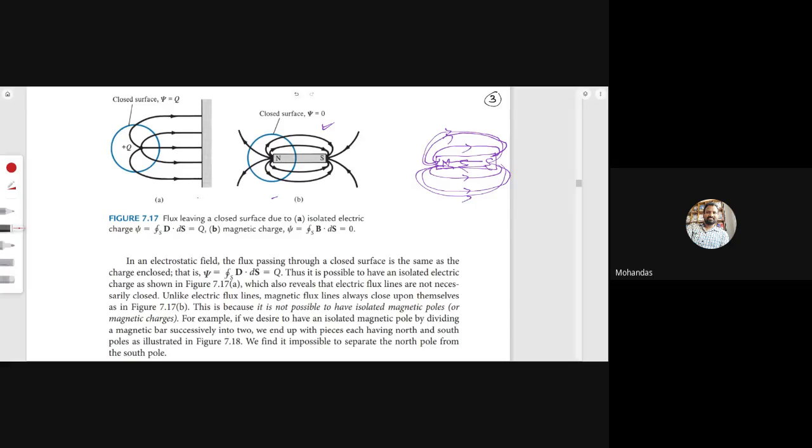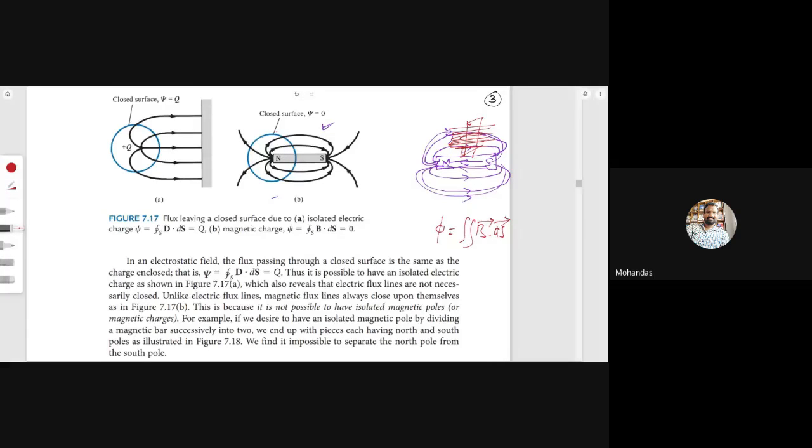Instead of taking an open surface, in the previous case we have taken an open surface. Suppose I take an open surface here, we can calculate how many flux lines are leaving. It is only an open surface. That can be calculated: phi equals the surface integral of B dot ds, right? Suppose I take a closed surface at the North Pole.